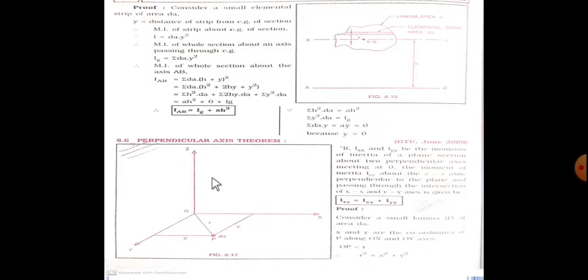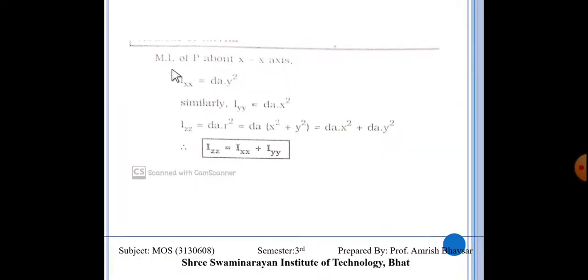Sometimes we call it the polar moment of inertia. So the moment of inertia of P about the x-axis, Ixx, is equal to dA into y square. Similarly, Iyy is equal to dA into x square. Izz is equal to the sum of those two, Ixx plus Iyy.